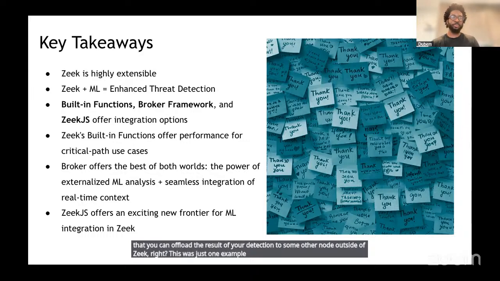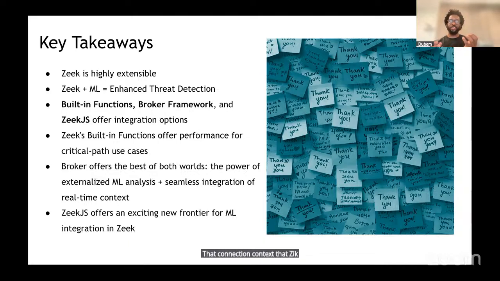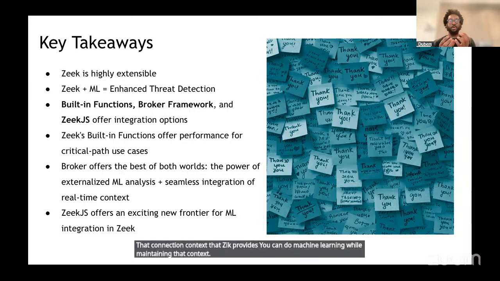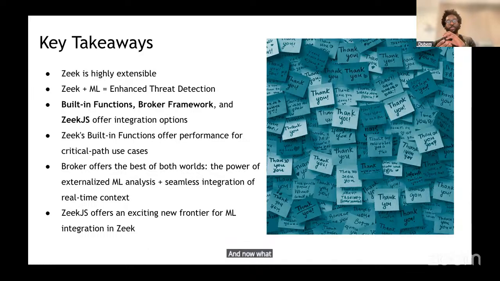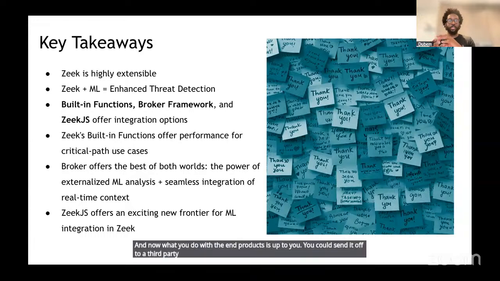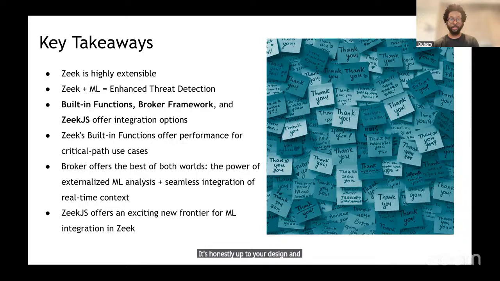The idea is that you can have the connection context that Zeek provides and do machine learning while maintaining that context. What you do with the end product is up to you. You could send it off to a third-party system, or you could keep it in Zeek, raise a new event that you could then use to do further analysis inside of Zeek. It's honestly up to your design and your requirements.